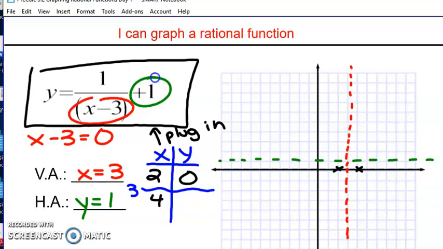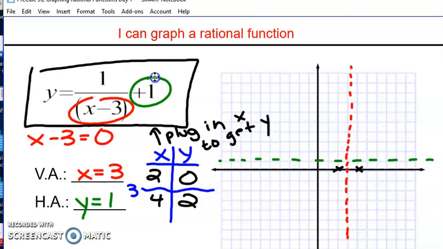If I plug in 4 for x, 4 minus 3, the denominator is 1. 1 over 1 is 1. 1 plus 1 is 2, okay? So a lot of 1's there. So plug in x to get y.